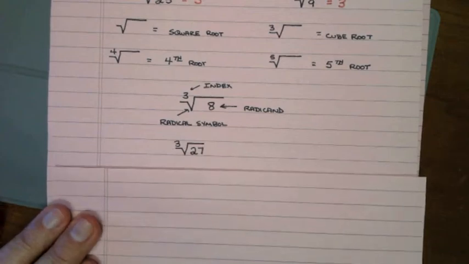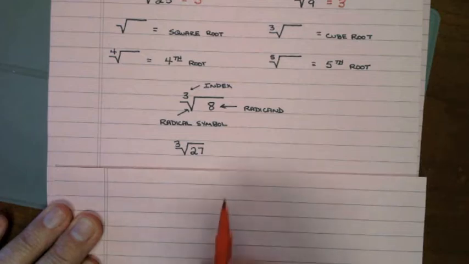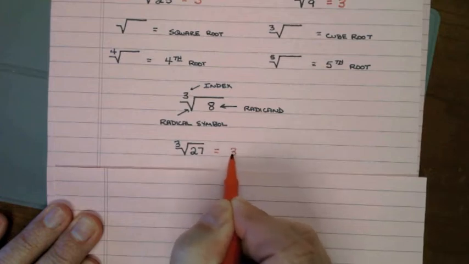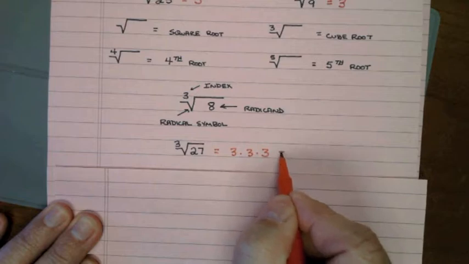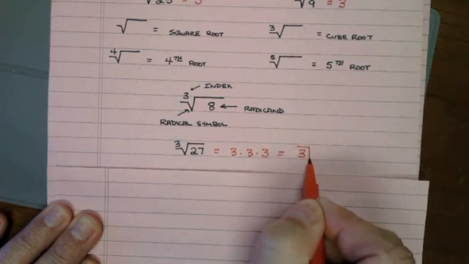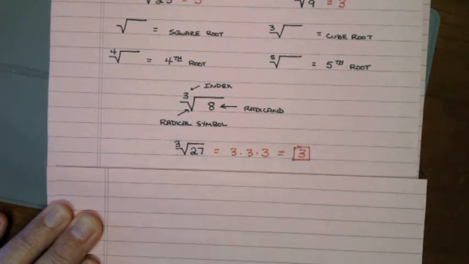So if I'm going to find the cube root of 27, I need to find three numbers that are exactly the same that when I multiply them together, I get 27. 3 times 3 times 3 all equal 27, but the answer is only one of them written down. The cube root of 27 is 3, because 3 times 3 times 3 is 27.